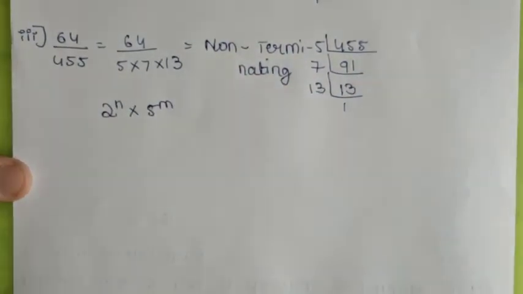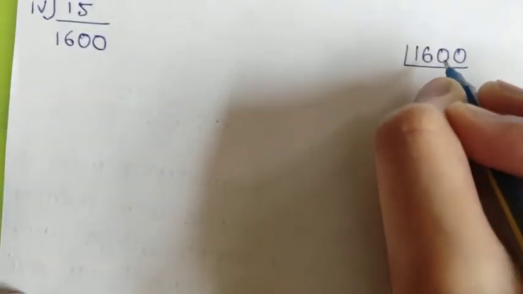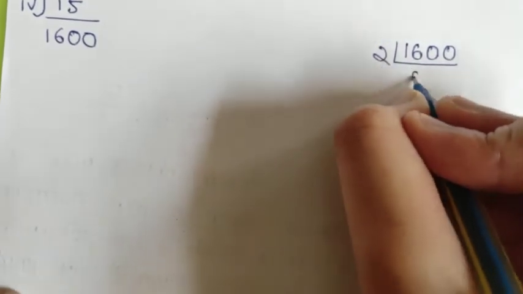So here we have the fourth question, that is 15 by 1600. This number is also in the form p by q, and let's find the prime factorization of q, that is 1600. 1600 is divisible by 2, we get 800.